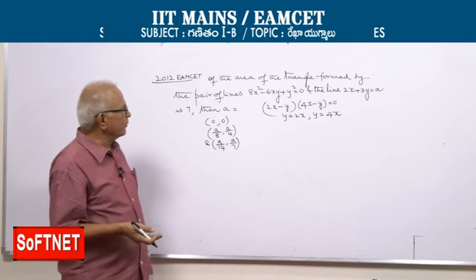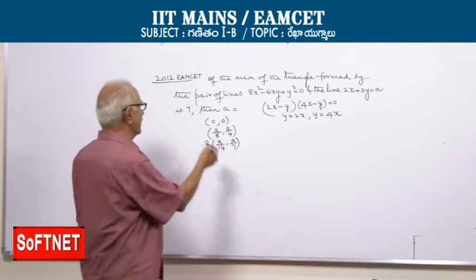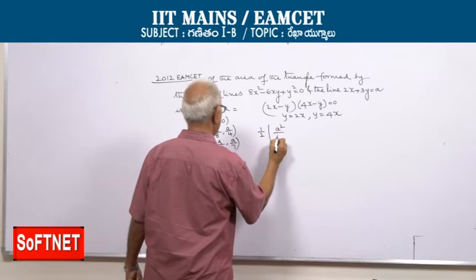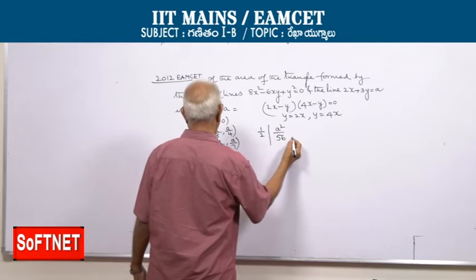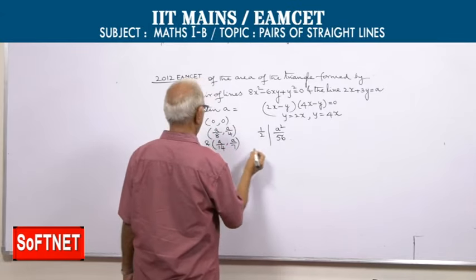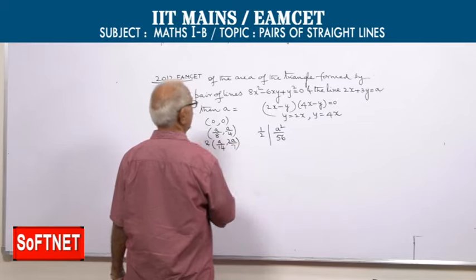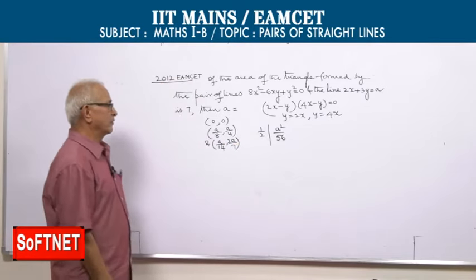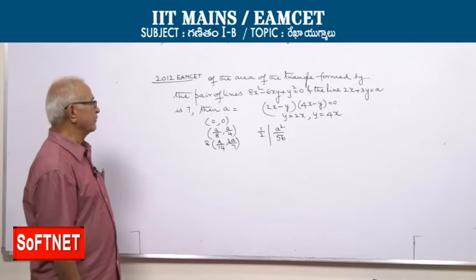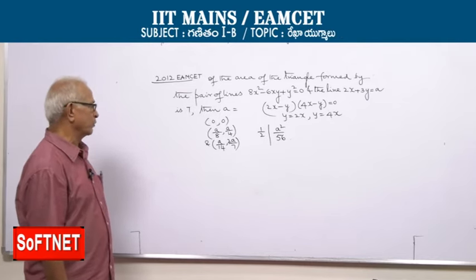The area is given to be 7 square units. So area is 1/2 of a square by 56.